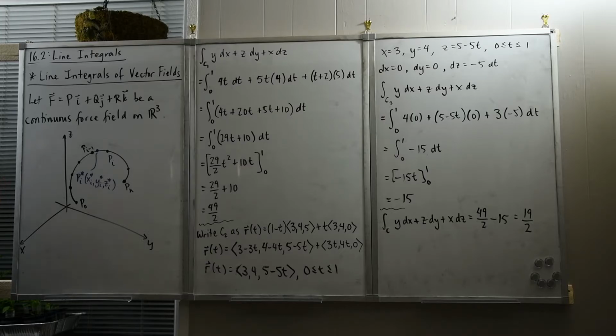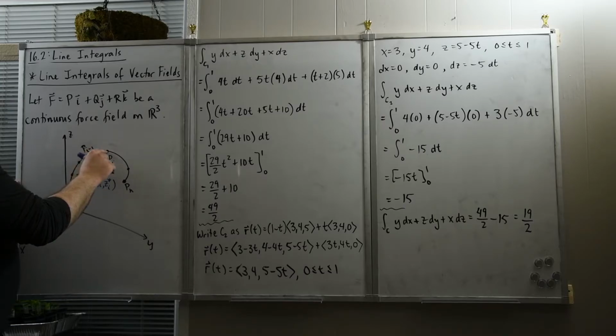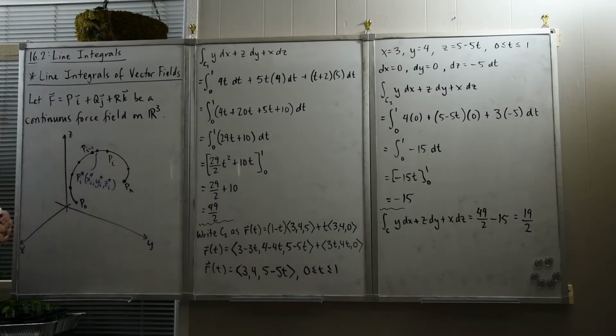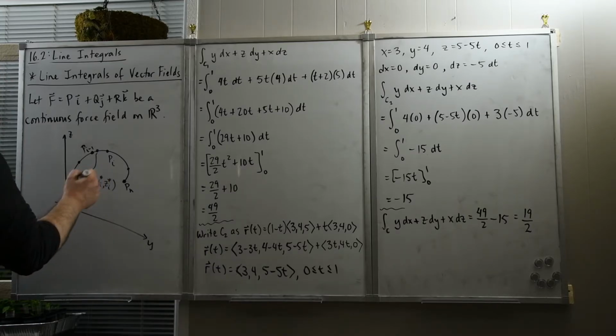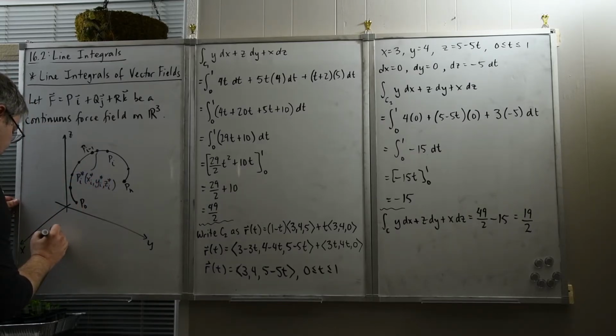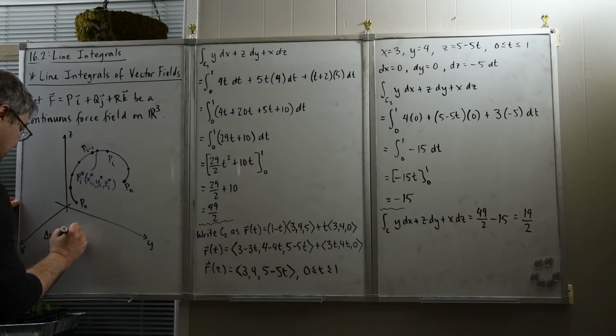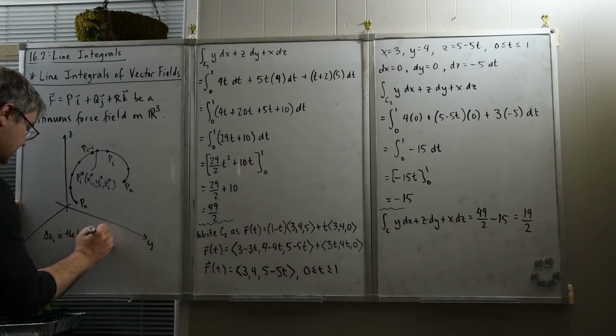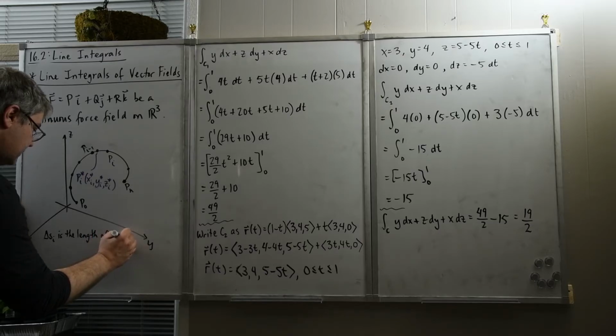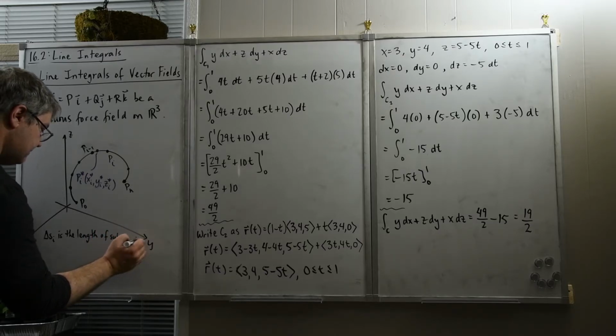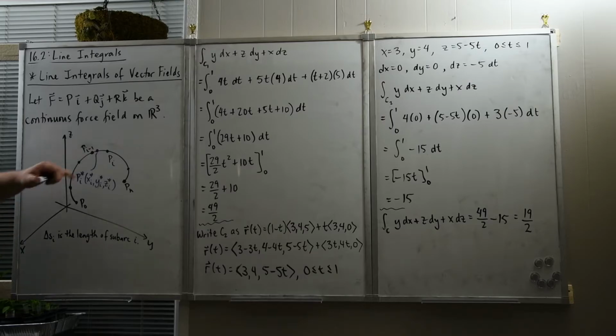So where do we go from here? Well, keep in mind that the length of that subarc is going to be delta s sub i. So let's go ahead and write that down just as a note. So delta s sub i is the length of subarc i. But let's take a look at this representative point for a moment. You might remember the unit tangent vector from several chapters ago as well.